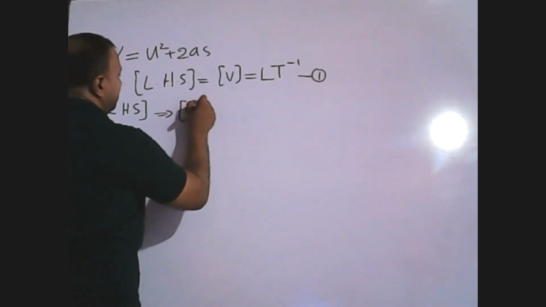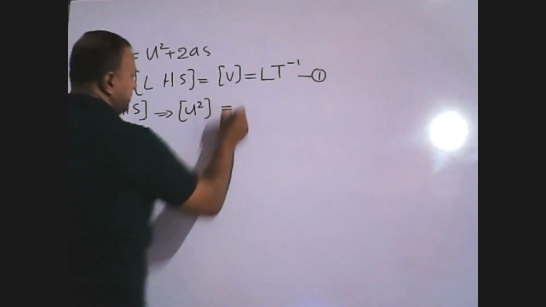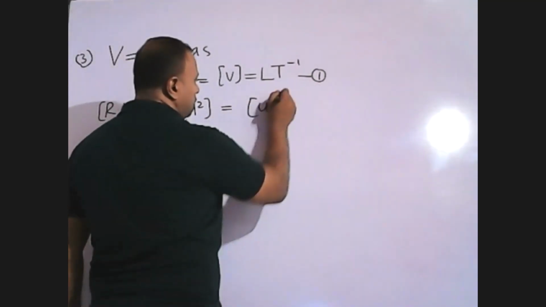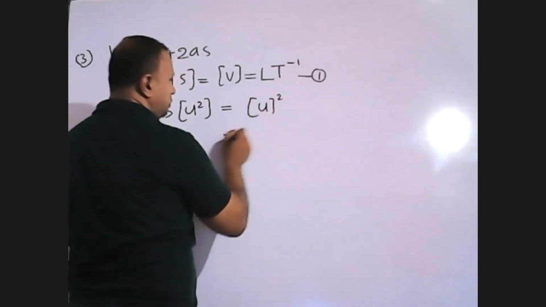U squared. U means a velocity. So the dimension of U squared means the dimension of U to the power 2.